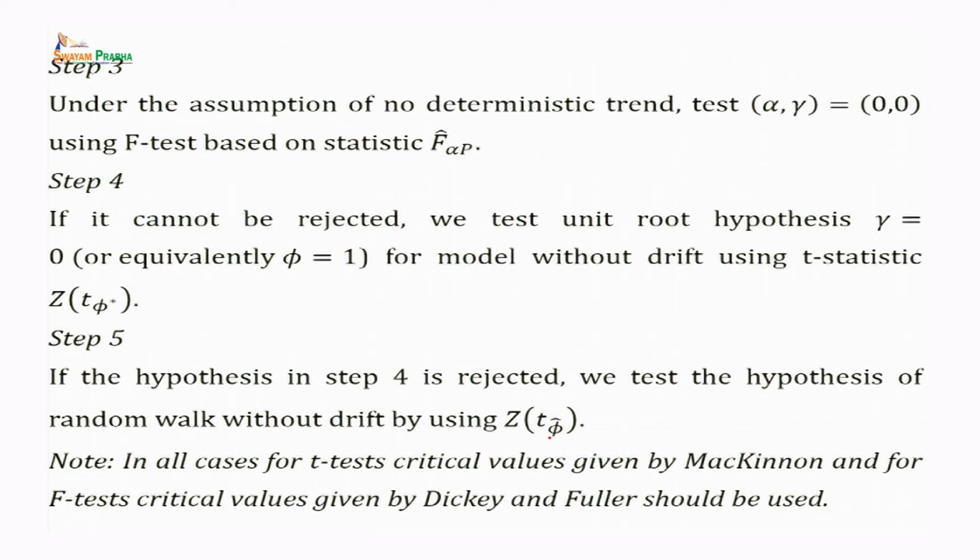Then in all the cases, for t tests, critical values are given by MacKinnon. So, the tables for t critical values are available, and for F tests, critical values given by Dickey and Fuller should be used.